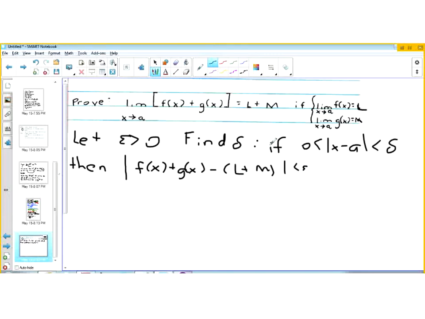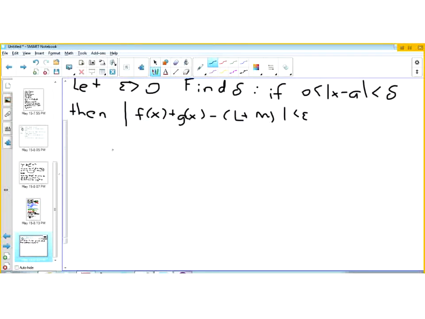We're within epsilon distance of L plus M. Can we find such a delta such that this if-then statement is true?